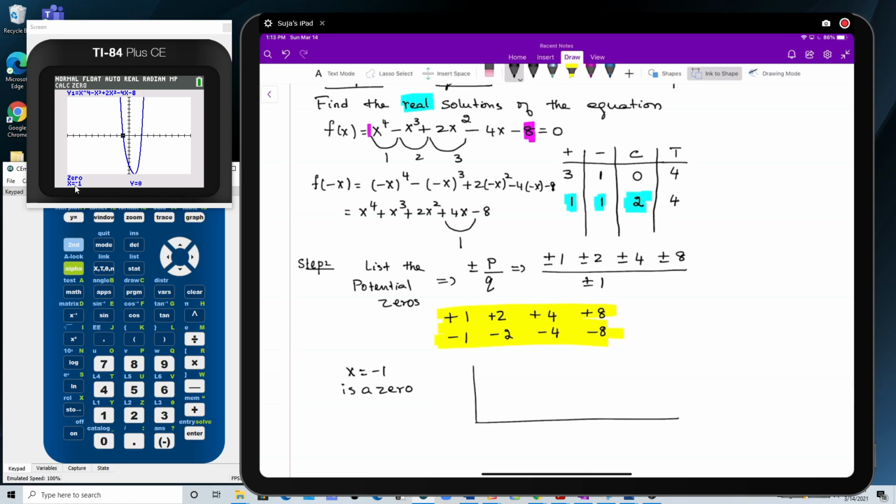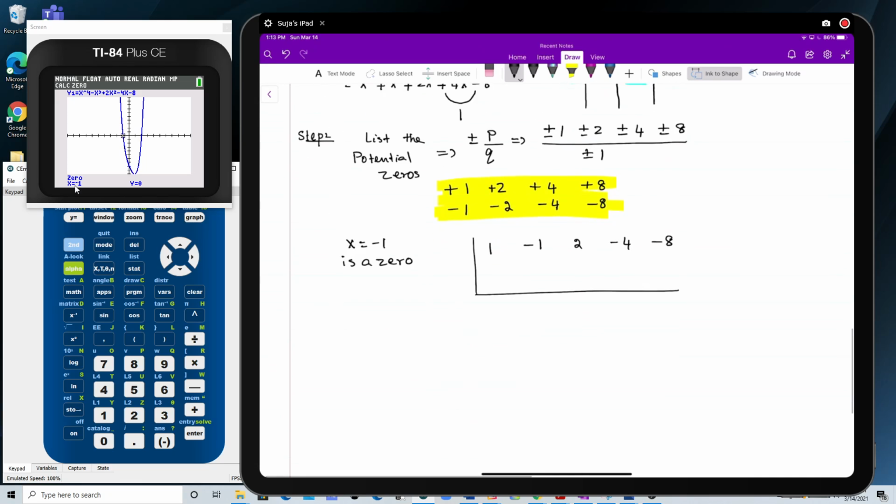So the polynomial is 1, negative 1, 2, negative 4, and negative 8, divided by negative 1. 1 times negative 1, this would be negative 2, positive 2, 4, negative 4, negative 8, positive 8, and that's a 0.